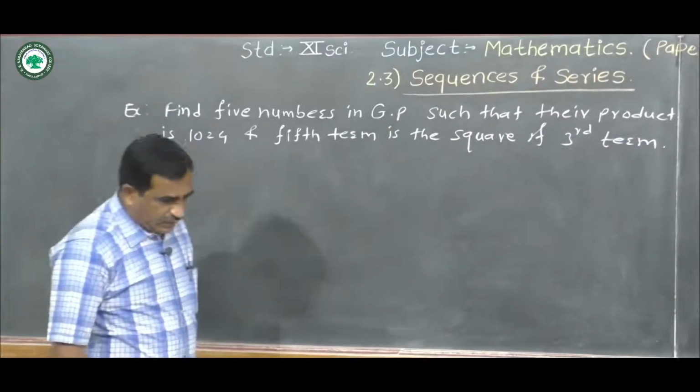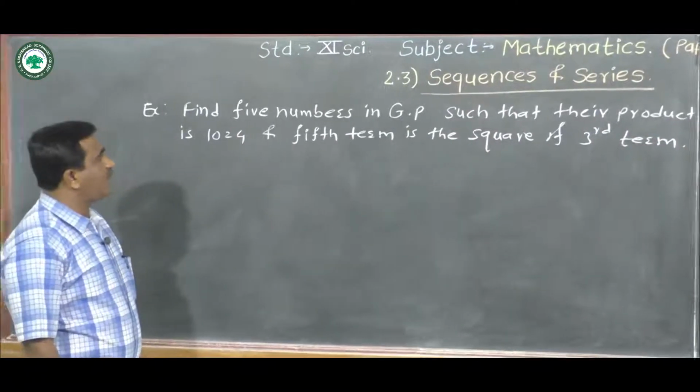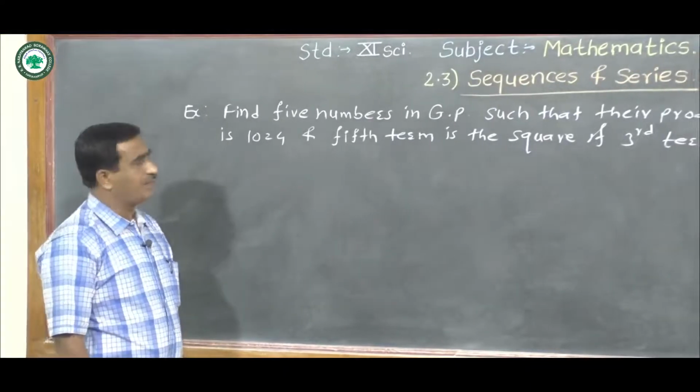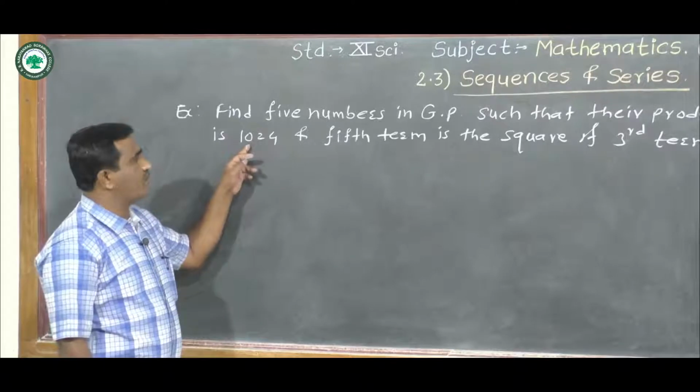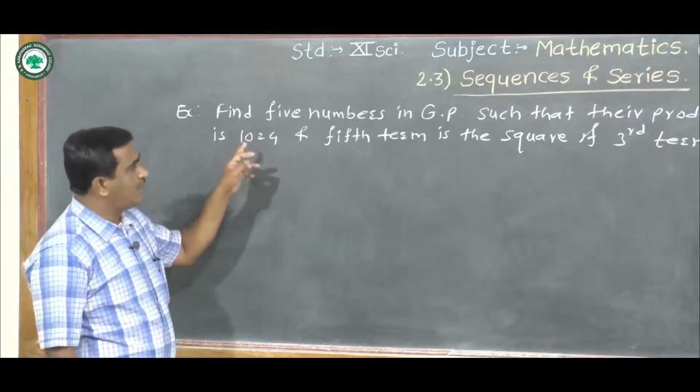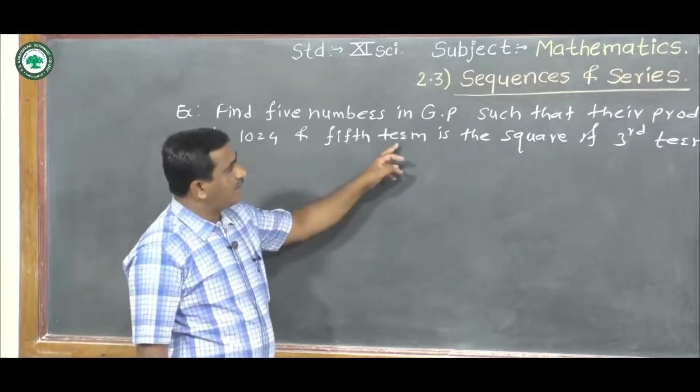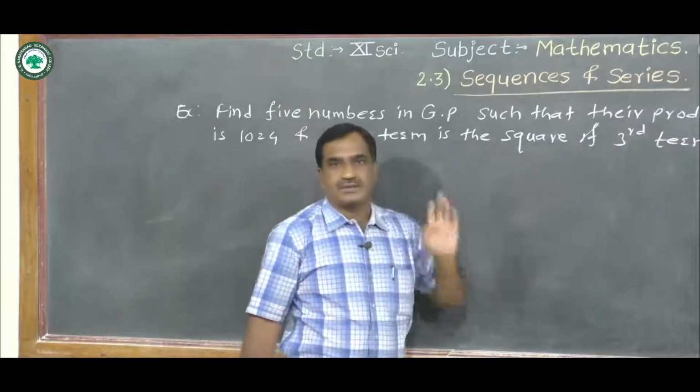Okay, now in this example we have to find the 5 numbers in GP and the given conditions are: the product of these 5 numbers is equal to 1024 and the fifth term is the square of the third term.